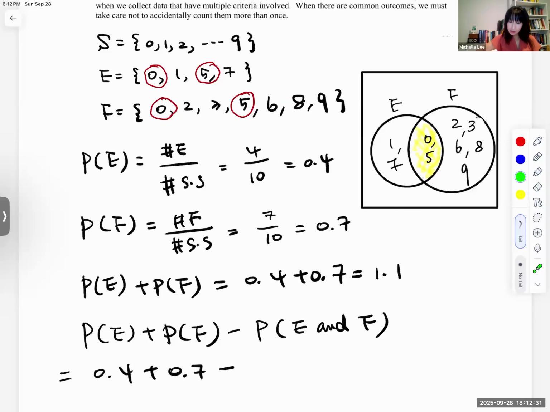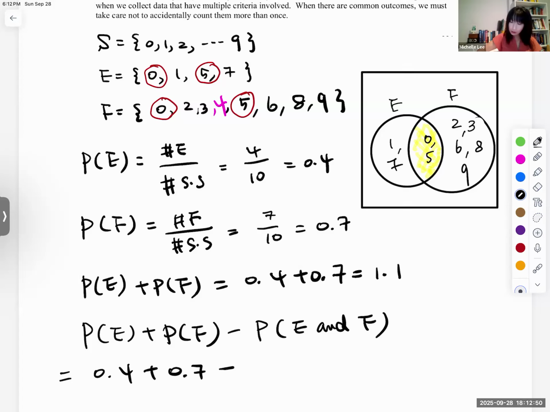Sorry, there is a missing 4. Let me write down 4 there. So sorry about that, 4 was missing.